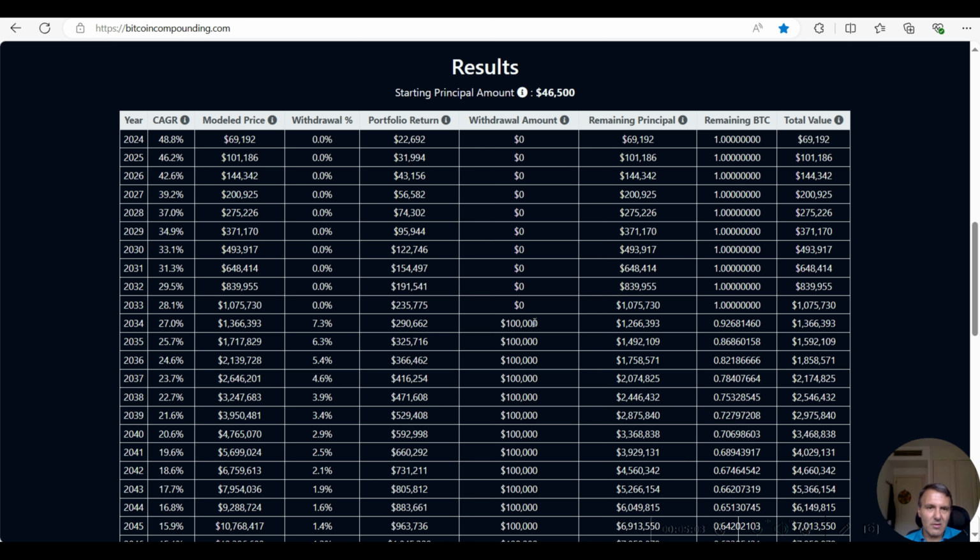So what it's done is take the futuristic price prediction of Bitcoin for the year 2034 to be 1.4 million, and deduct 100,000 because I'm going to use it to cover my expenses throughout the year. It deducts this amount from the total to give me the remainder, and the rest of the Bitcoin left over, which is 0.92, and so on, you can see.